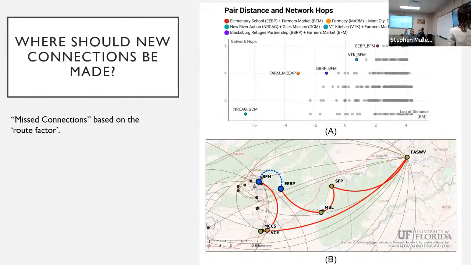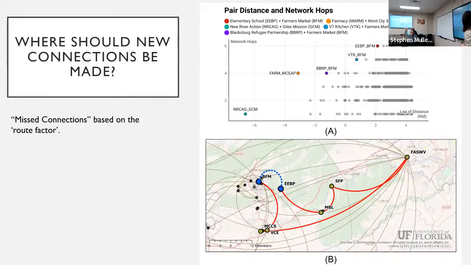So we wanted to say, hey, can we detect two places that are nearby each other but don't have any friends in common or don't have many friends in common? So these 6 degrees of separation, but they're really, really close to each other. We thought that those would be some strategic ties to make in this network to make it a little bit more efficient. So here are some examples.